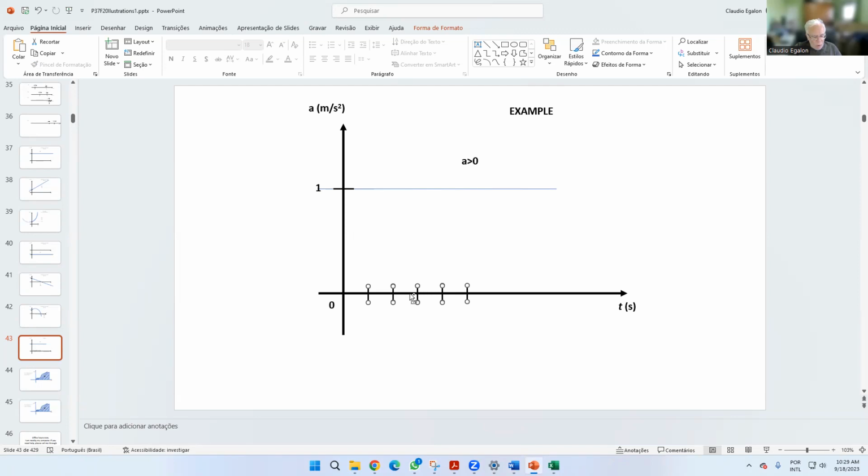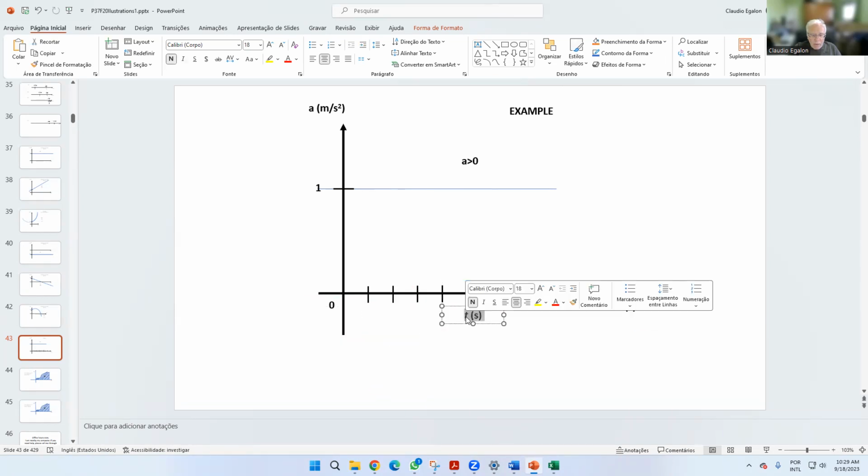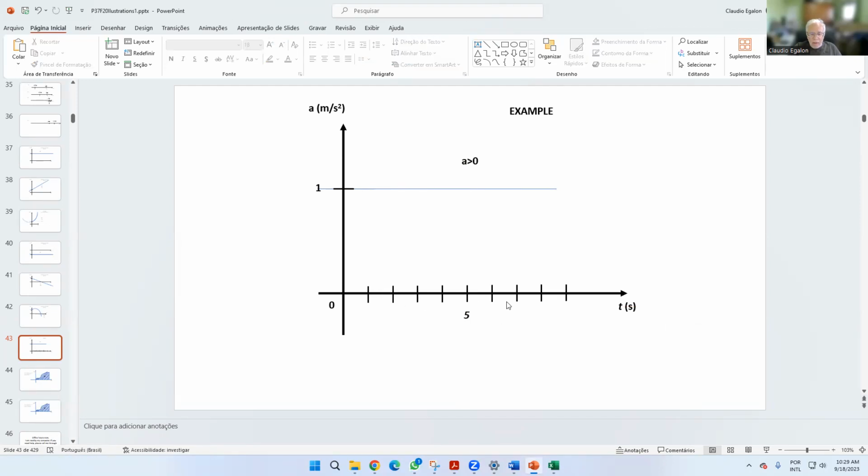If I want to put more, 1, 2, 3, 4, 5, I'm going to put 5 here. But I want the graph to be plotted only from 1 to 5. Since it's already in seconds, since I already put seconds here in parentheses, I don't need to put the unit next to this number. Okay, 6, 7, 8, 9, right? The next one should be 10.